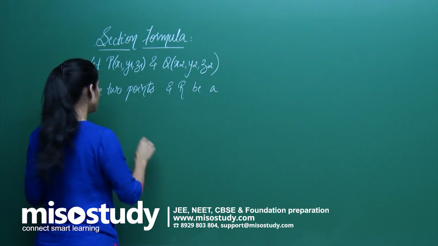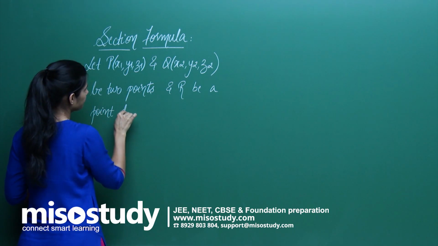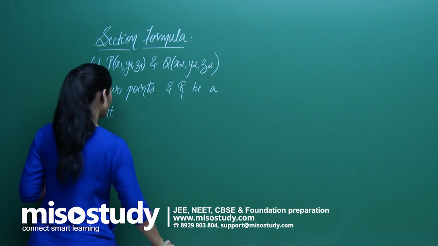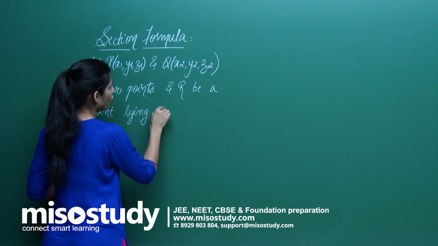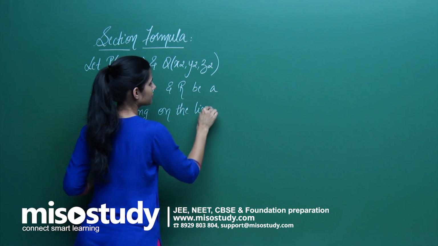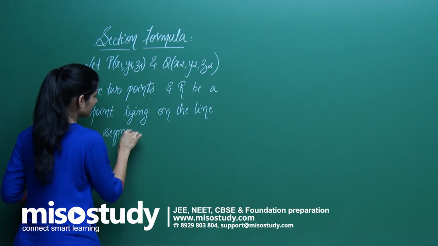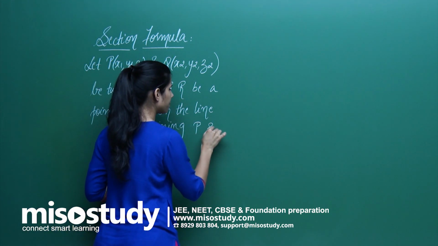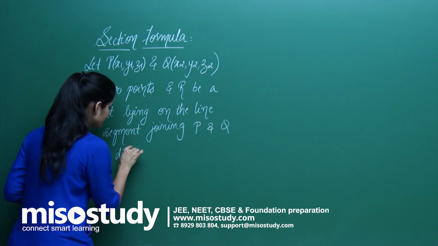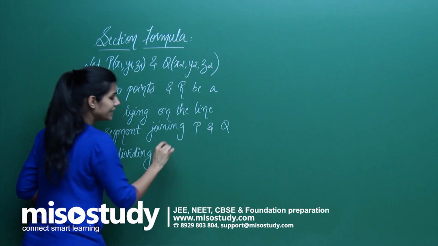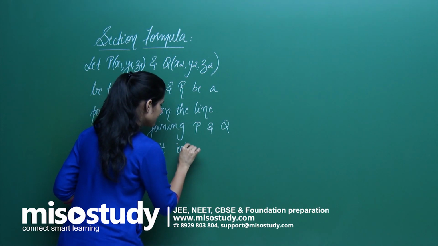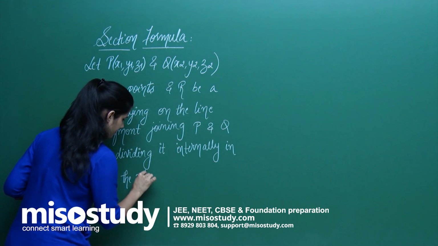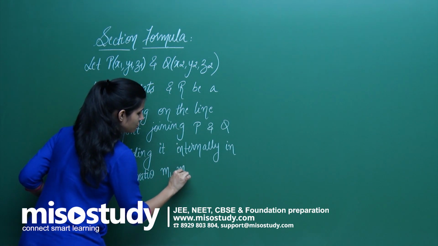Now I don't know the coordinates of R. R is a point lying on the line segment joining P and Q, dividing that line segment joining P and Q internally in the ratio M1 is to M2.